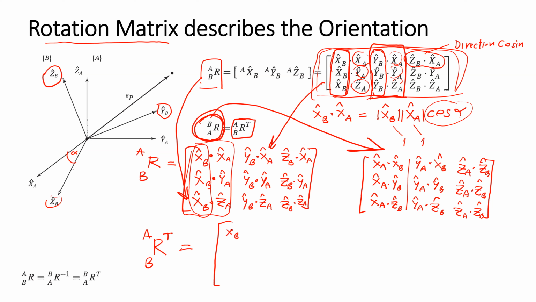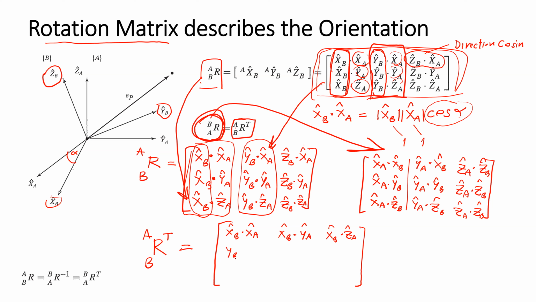So xb dot xa, xb dot ya, and xb dot za. Here we change the column to row. And how about changing the second column to the row?